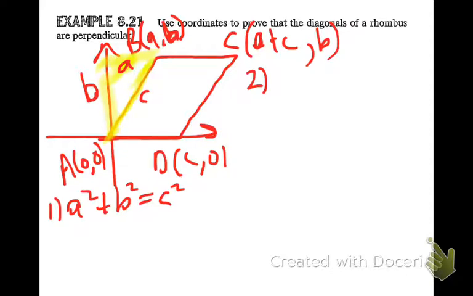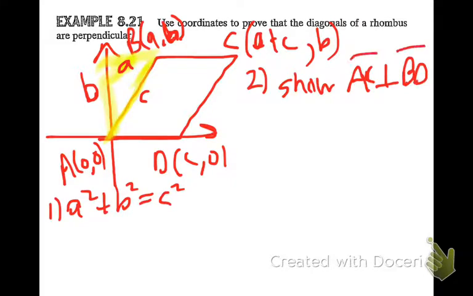Second, we need to show that AC is perpendicular to BD. So we can do the slope of AC.